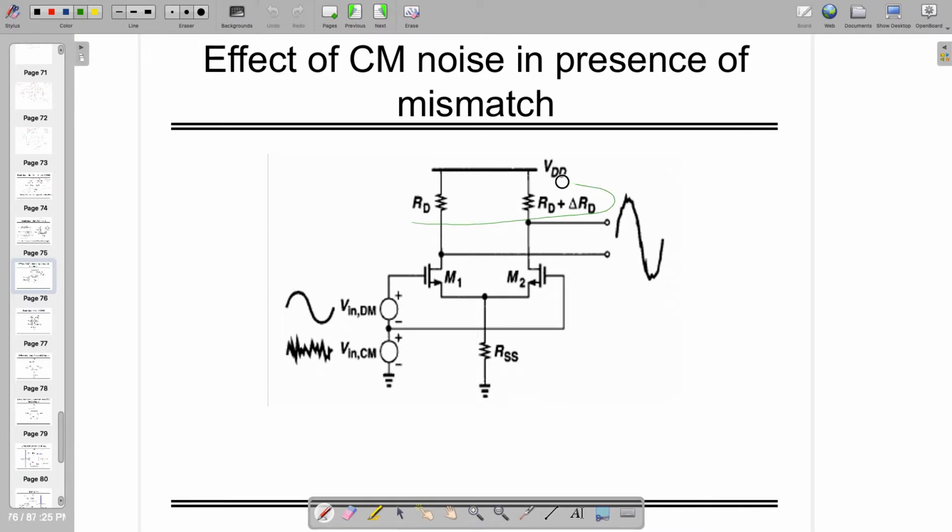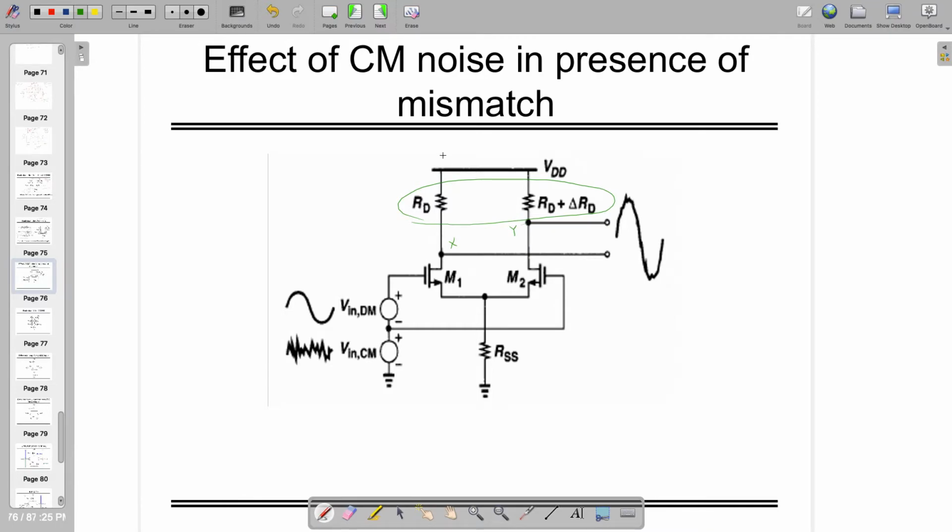When we are saying mismatch, you can observe that in the earlier case we said both sides are exactly equal and opposite in differential mode, and in common mode both are equal. If both are equal, then there is no common mode noise.